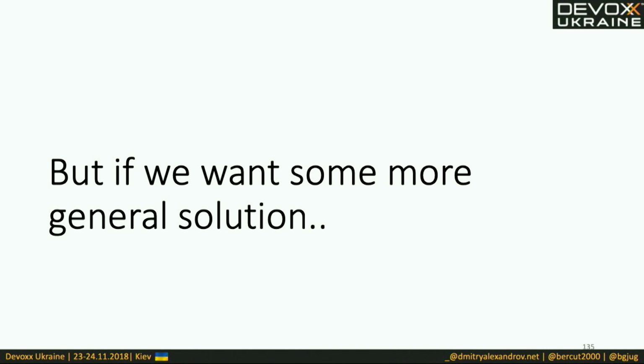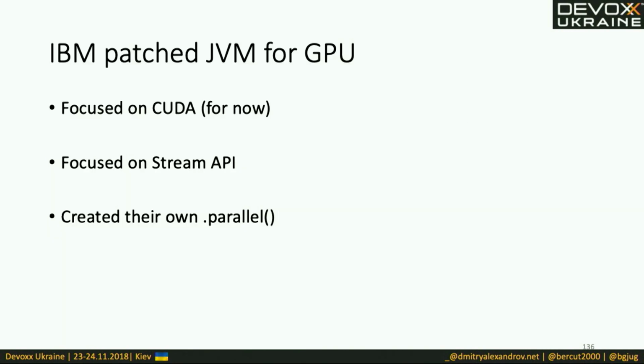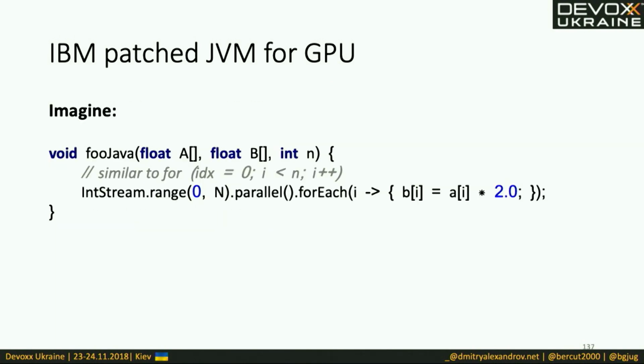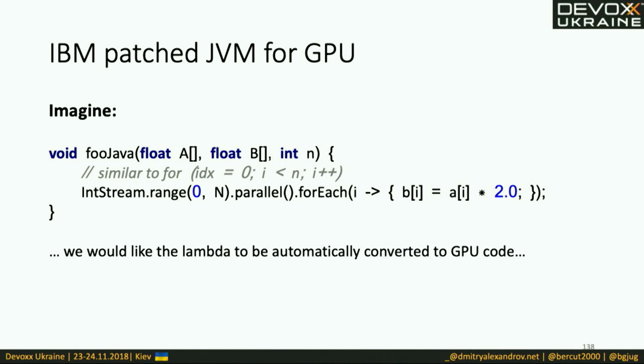If we want a more general solution, IBM, for example, patched their JVM once again to search for parallel blocks. You don't have to do anything yourself. You just install the IBM JVM patched for GPU. And every time it finds the word parallel, it converts the lambda inside of it to CUDA code.